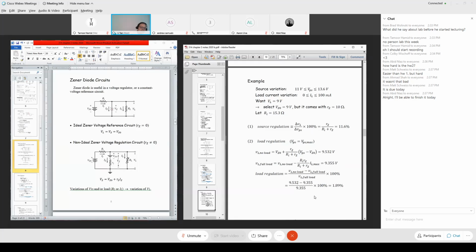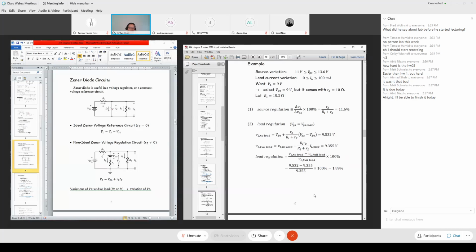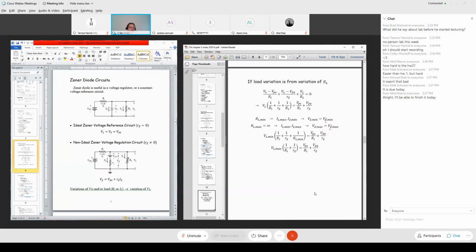So, formulas derived and examples given, and today I will assign another homework problem set. A problem is related to Zener circuitry, and you can practice that. If no question, let's talk about the last one.